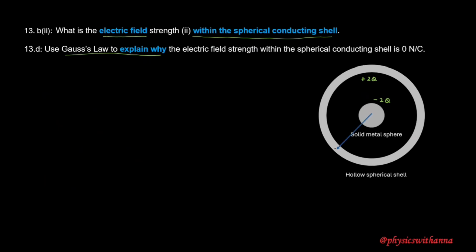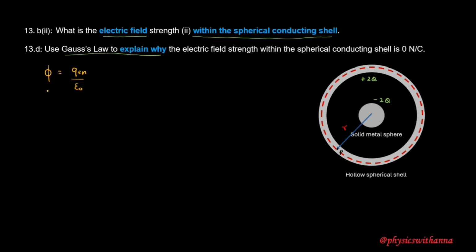I will call this point as P, and the distance of point P from the center will be taken as R. Since we are going to apply Gauss's law, we will construct a spherical Gaussian surface passing through point P. We know from Gauss's law, flux through a closed surface is numerically equal to charge enclosed by the surface over epsilon naught.